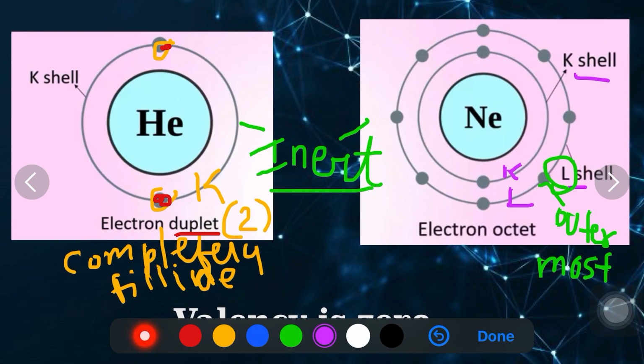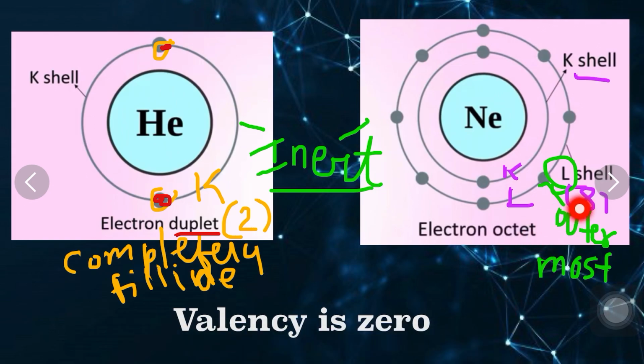The valence shell of neon is completely filled, with capacity 8 and 8 electrons present. It is said that neon has an electron octet. Student, why octet? Because the L shell has a capacity of 8 electrons and it has all 8 electrons, so the shell is completely filled, and therefore it is called an electron octet.